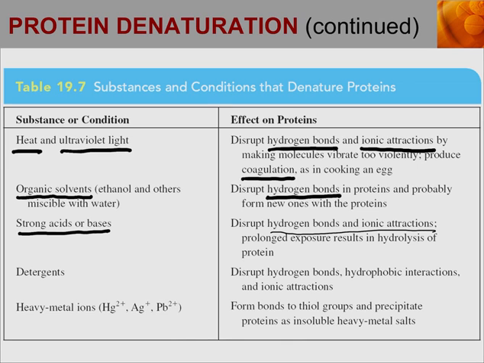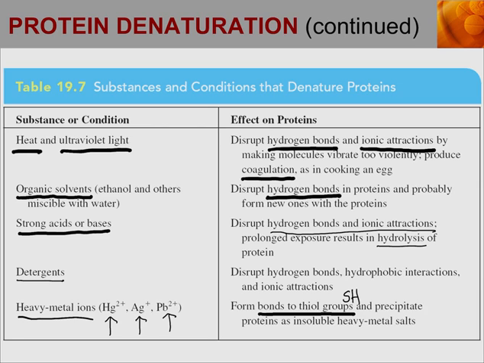Now, if you expose a protein for a really long time to acids and bases, eventually you'll get hydrolysis of the protein where you get those individual amino acids. You could also use detergents, which will do a similar thing, or heavy metal ions like mercury, silver, or lead. Mercury, silver, and lead will form bonds to any thiol groups, which are those SH groups.